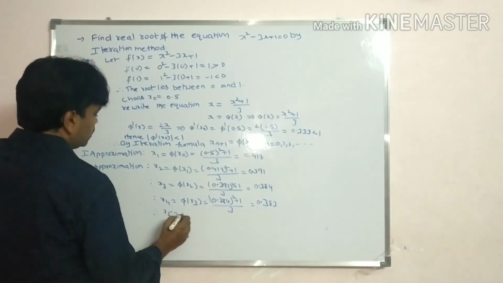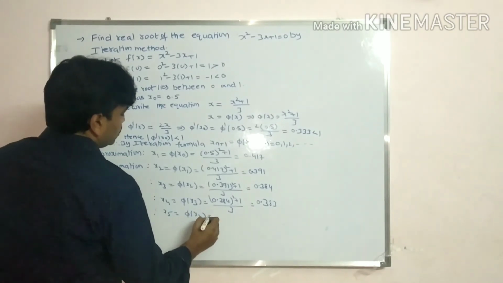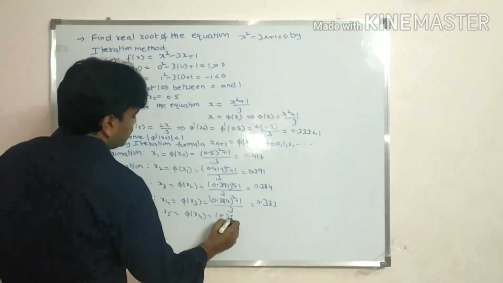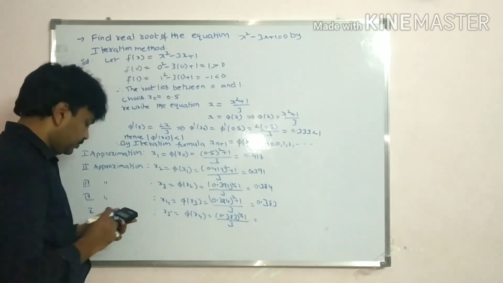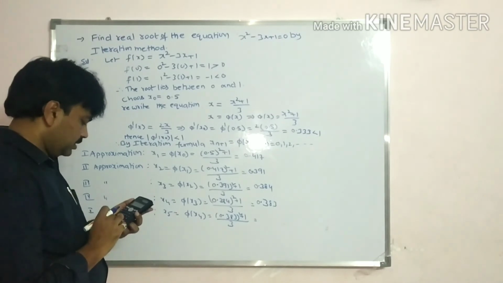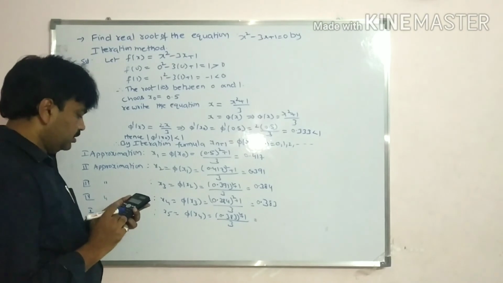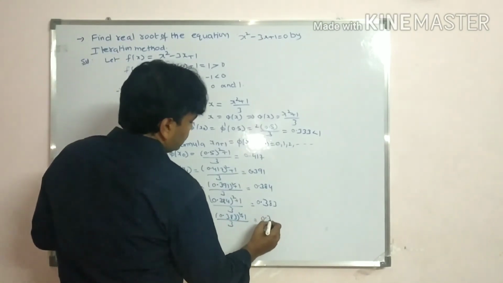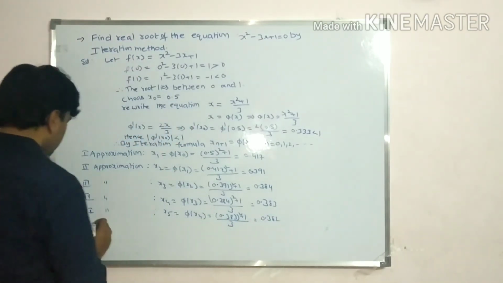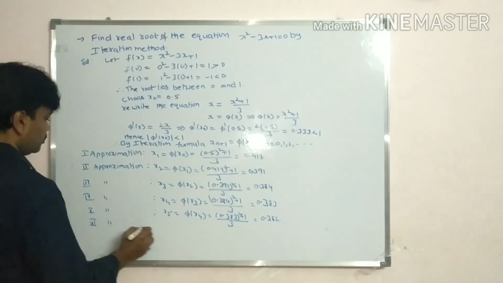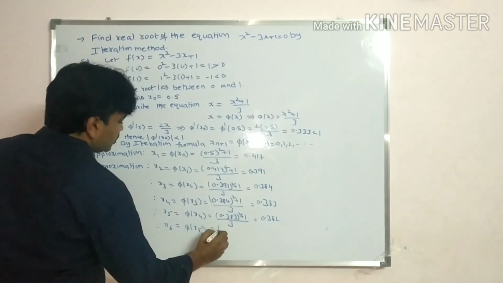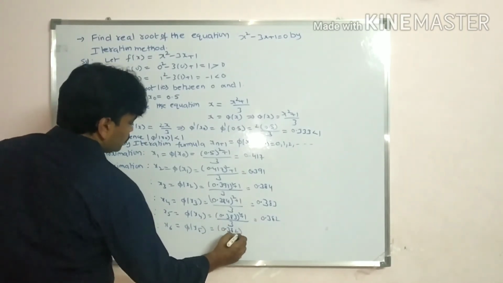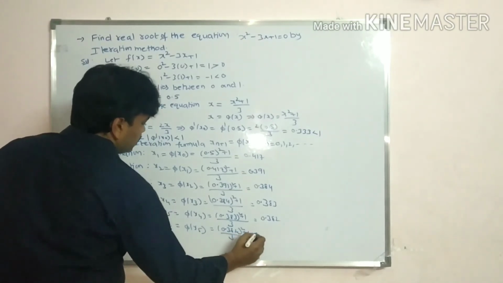So x5 is equal to phi of x4, that is 0.383 whole square plus 1 by 3. That is equal to 0.382, students. Once again I have to go to another approximation, students. So x6 is equal to phi of x5, that is 0.382 square plus 1 by 3.